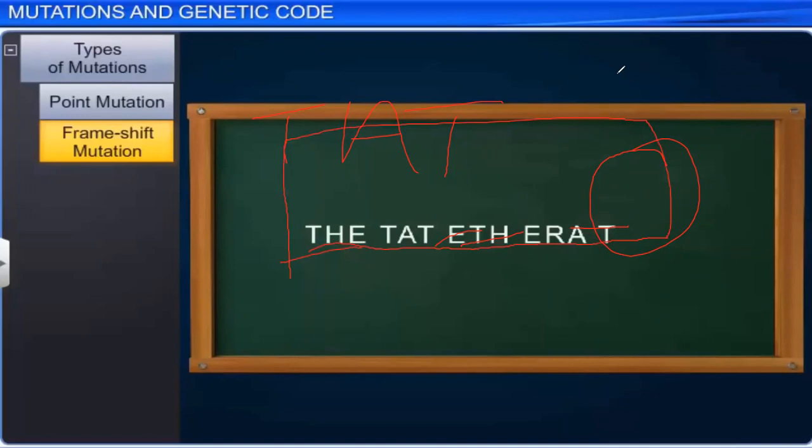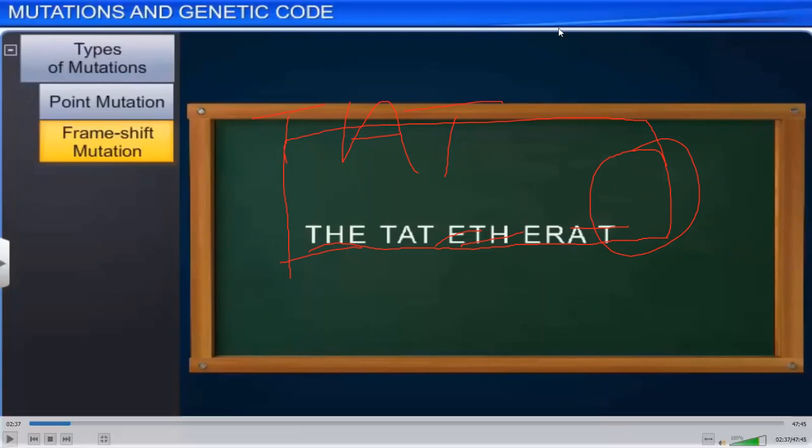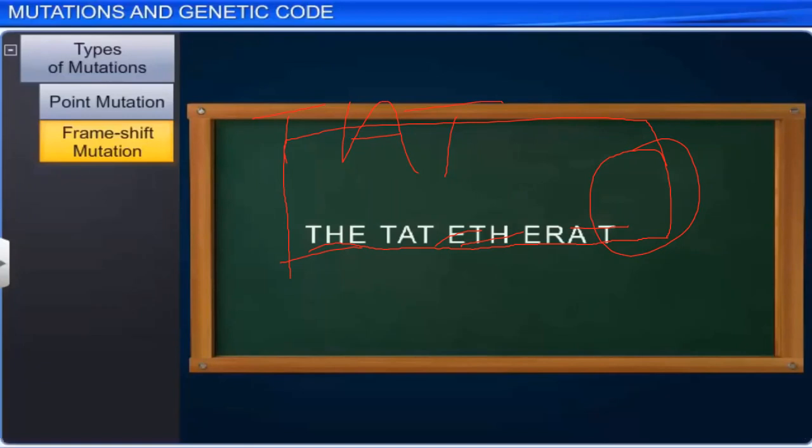If the sentence is not giving you a meaning, the same way the codes for nitrogenous bases, which code for proteins, will give you no meaning: no proteins will be synthesized, or the proteins synthesized will be of no use in our body.